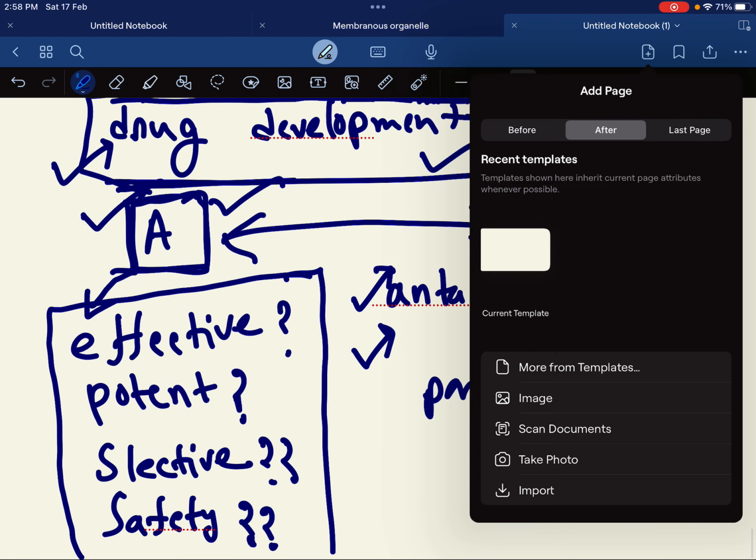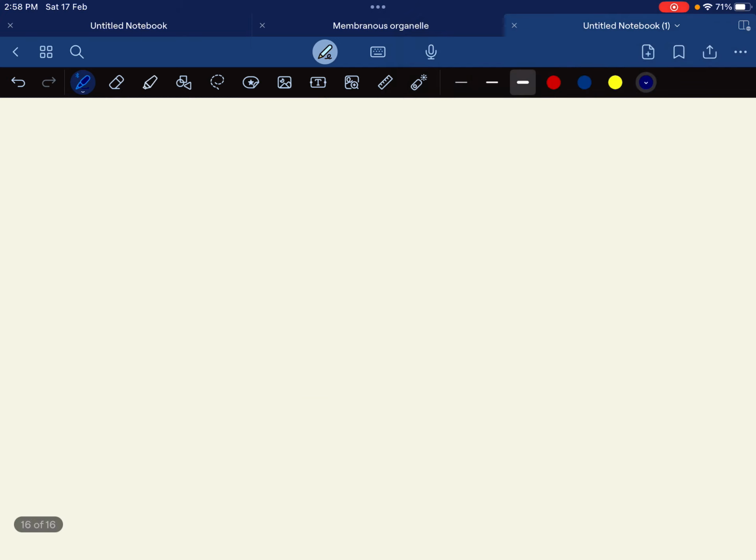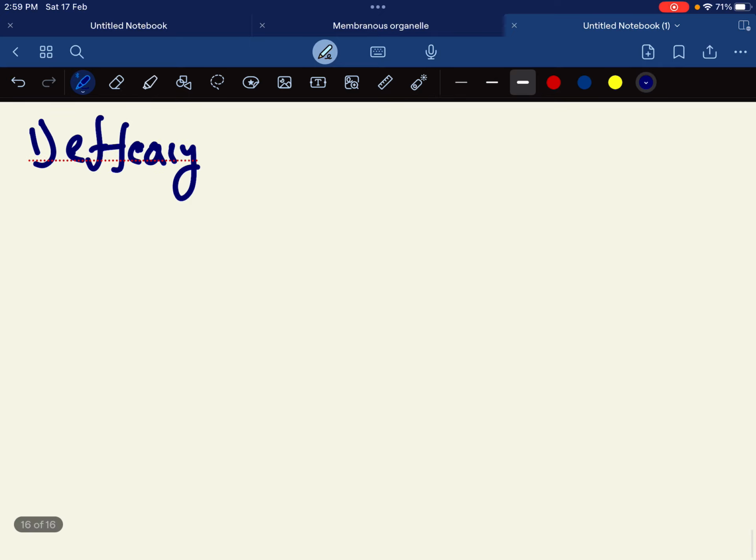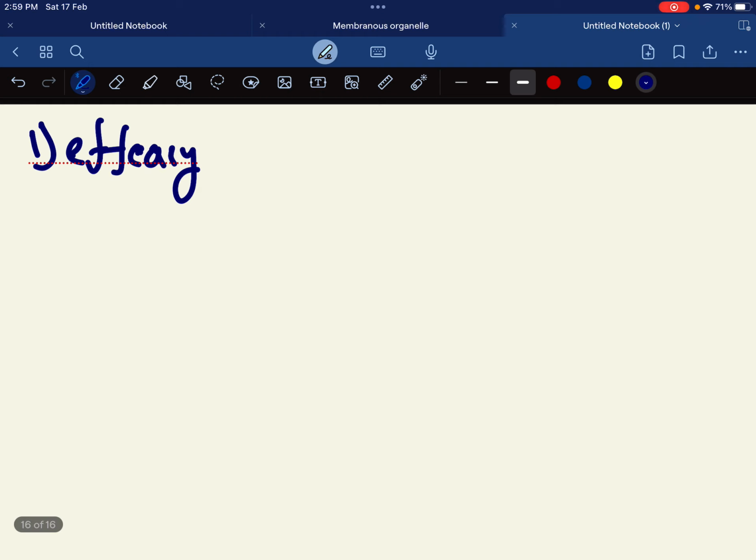Now let's see what information can be obtained from graded drug response curve. One is efficacy. I want to make this discussion in a comparative manner.